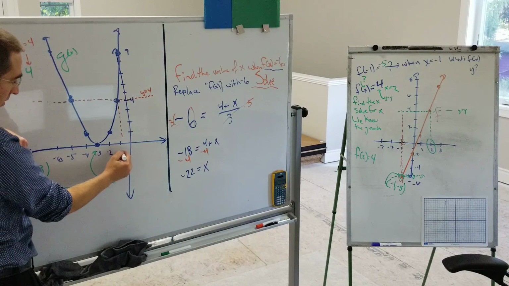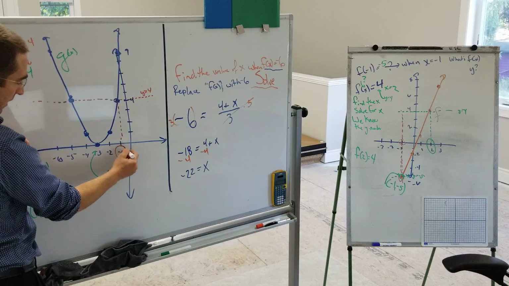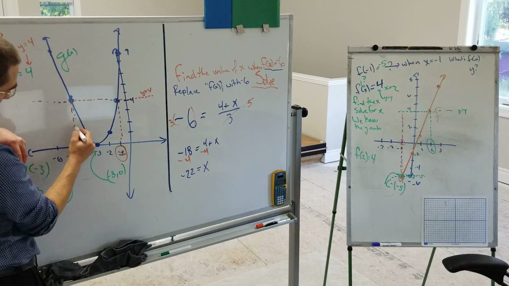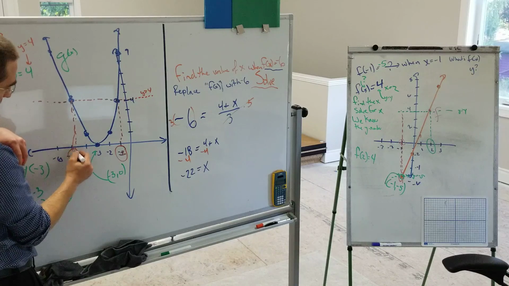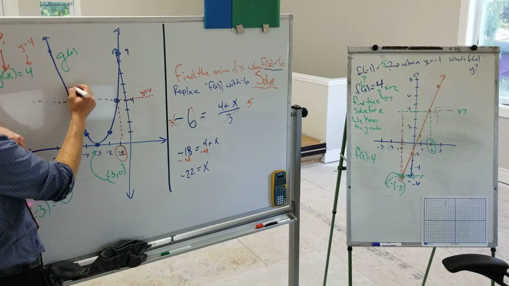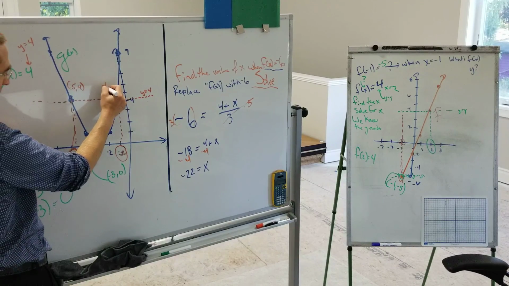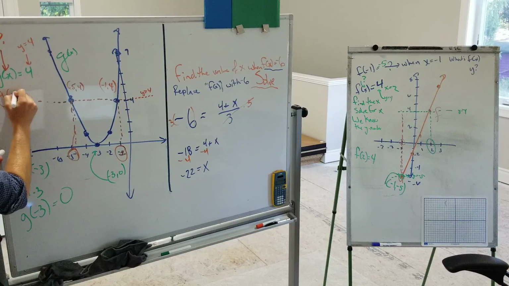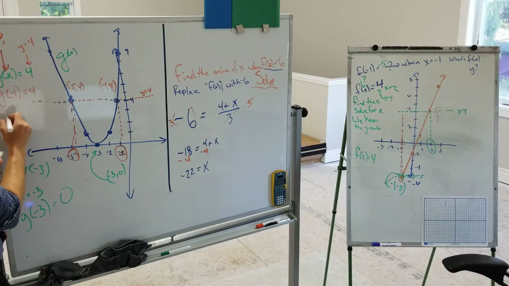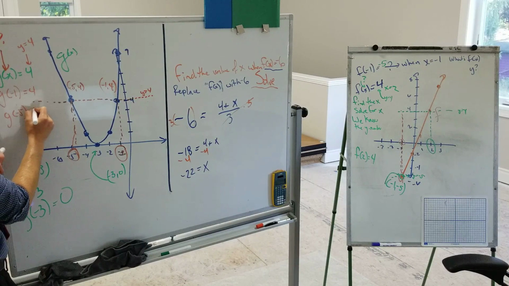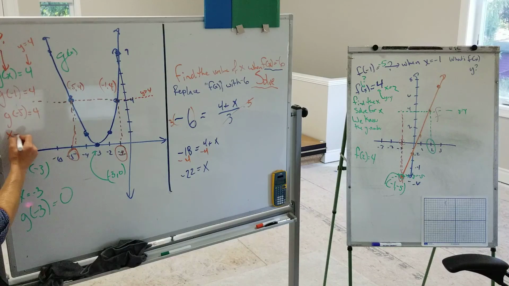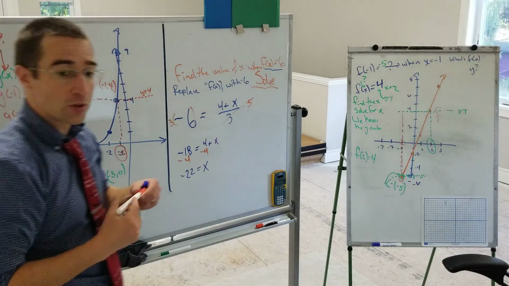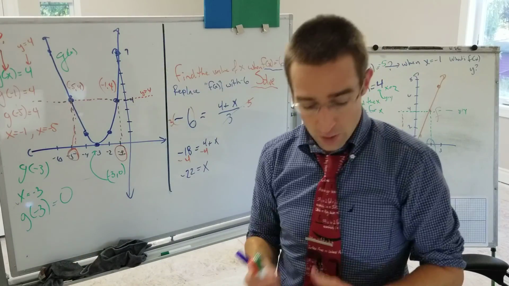This should be a negative 1, sorry. Right here at negative 1, and right here at negative 5. If I drew it properly, it'd be at negative 5. We've got the points (-5, 4) and (-1, 4). So we would say g of negative 1 equals 4 and g of negative 5 equals 4. Or we would say x equals negative 1, x equals negative 5. Both of those are our solutions.